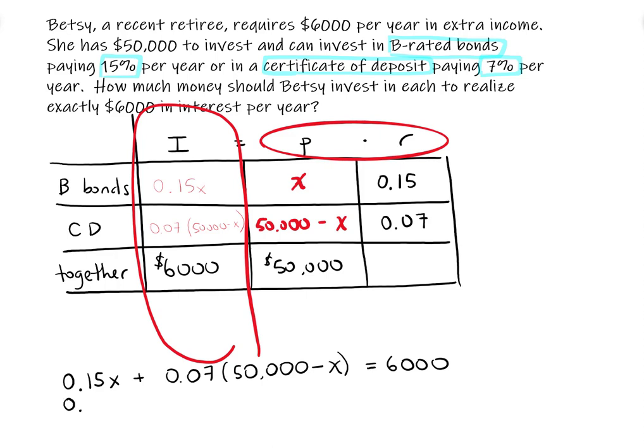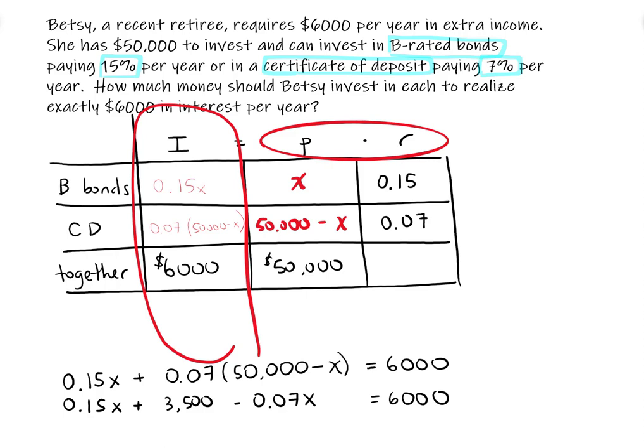So just simplifying this a little bit, we're going to get 3,500, if I multiply that out. And then I don't have much room to write a lot of my steps.